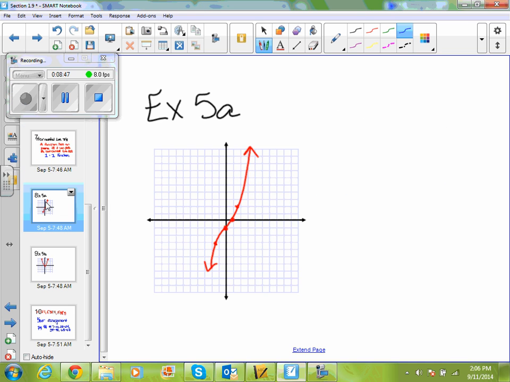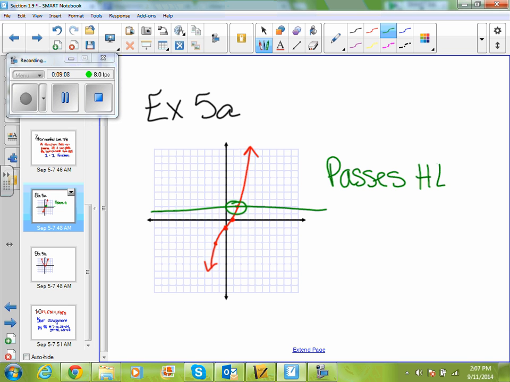Okay, so let's actually test a function for the horizontal line test. So we need to figure out if this graph has an inverse. So I pick any point on my graph and I draw a horizontal line across it. And then I count how many times it crosses the graph. So in this case, it only crossed it once, which means that it passes the horizontal line test. It cannot pass more than once.